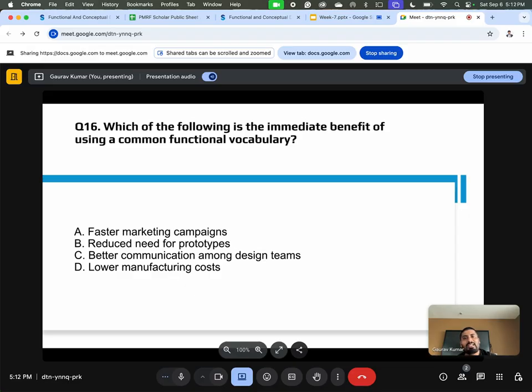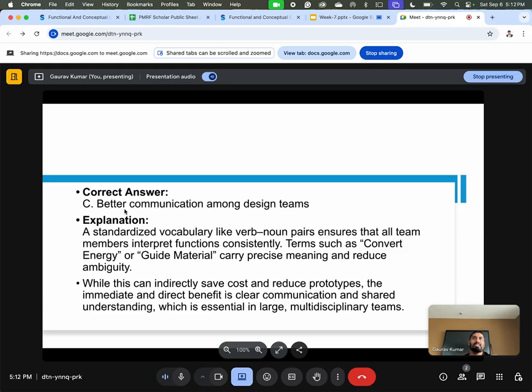Clear language ensures alignment and makes the design process more efficient from the beginning. Now you may see the right answer. Better communication among design teams is the right answer, and you may go through the explanation part by yourself. Now moving towards the next slide.